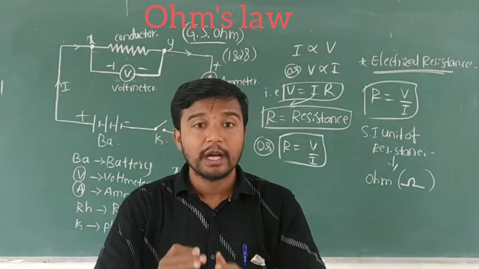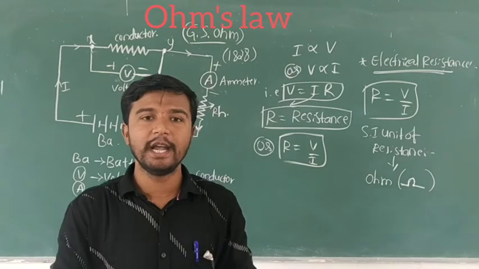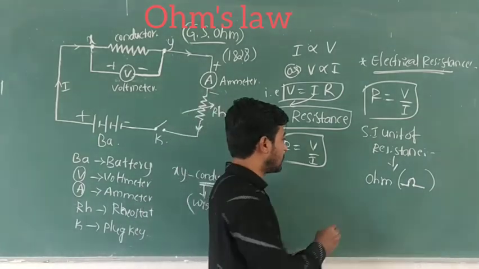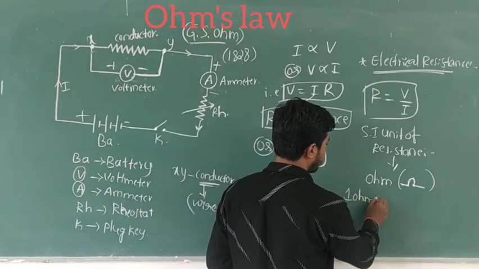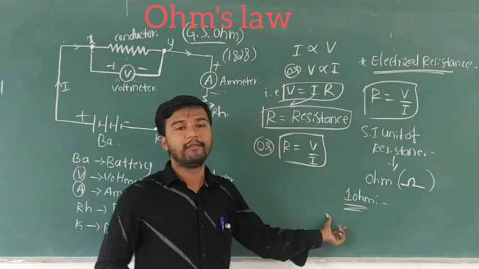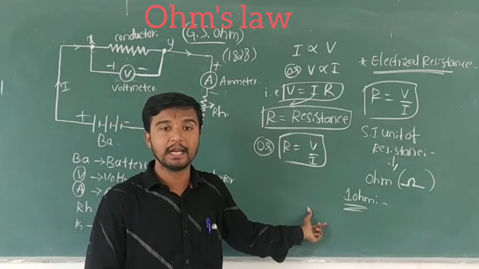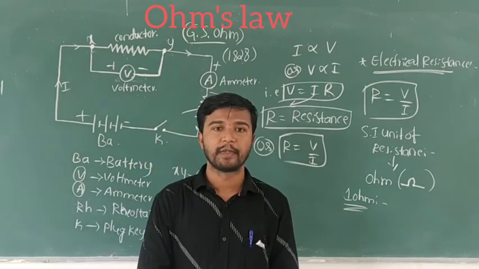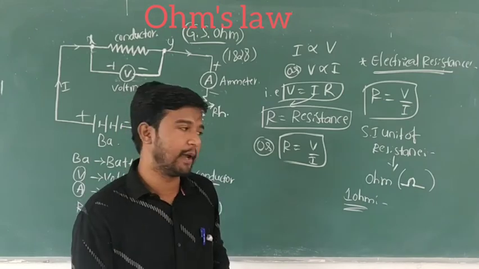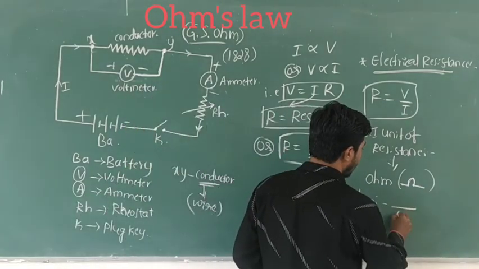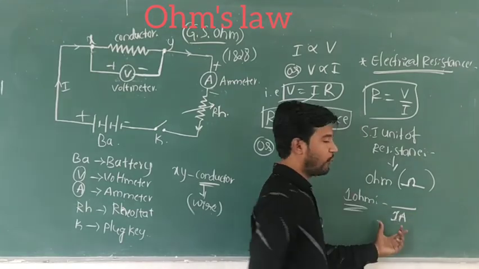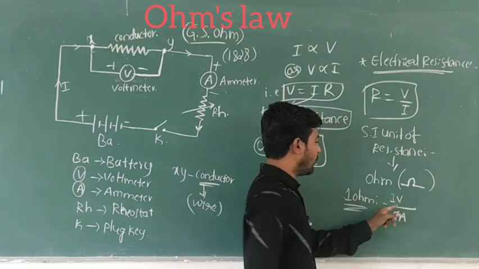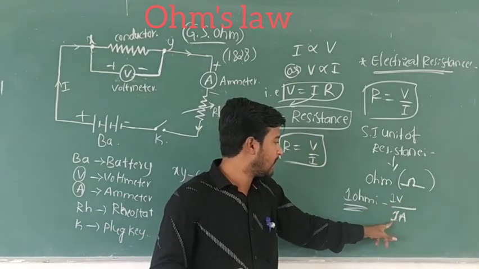Next they will ask what 1 ohm indicates. What is the meaning of 1 ohm? The electrical resistance of a conductor is said to be 1 ohm if a current of 1 ampere flows when a potential difference of 1 volt is applied to the conductor.